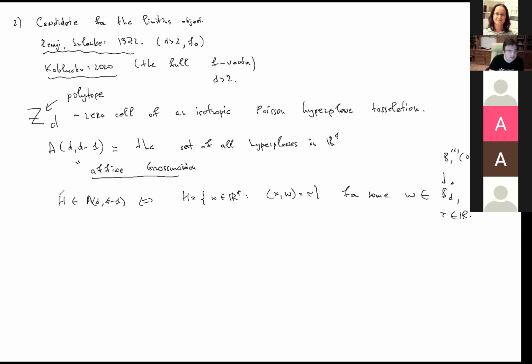Let me assume that this hyperplane doesn't pass through the origin. Okay, and now what is a Poisson hyperplane process?